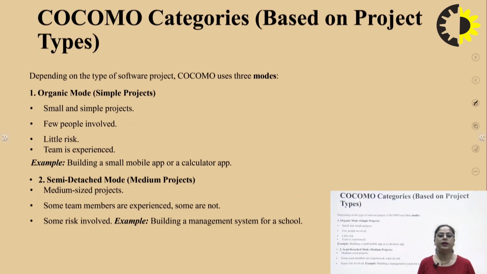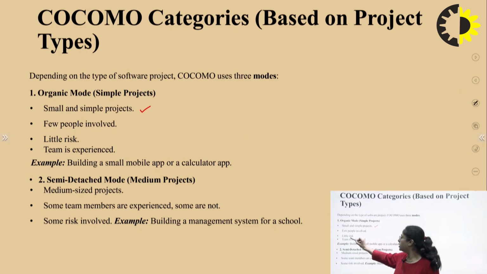COCOMO has three categories. First is the organic mode, second is the semi-detached mode and third is the embedded mode. In organic mode, small and simple projects are handled. Few people are used, and little risk is involved. The team should be experienced because the number of people is small.